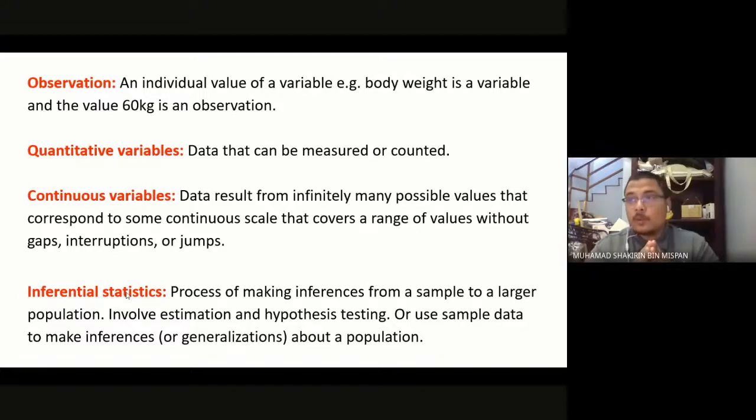Which means that it's continuous. You can count 1, 2, 3, and 4, so that's discrete. You have 5 fingers. But in terms of length, the distance between my fingers is continuous.